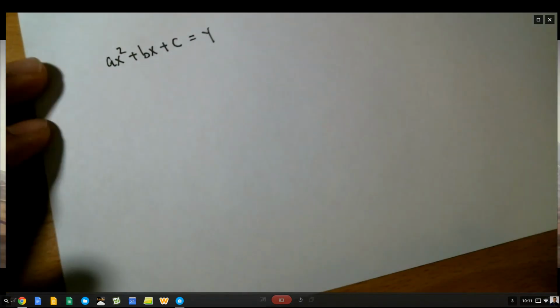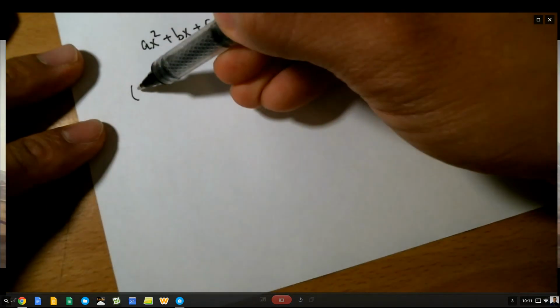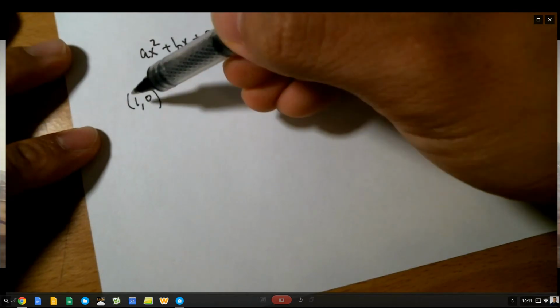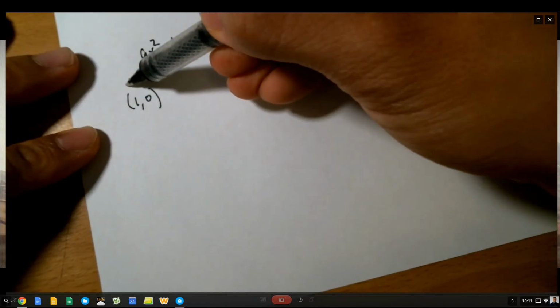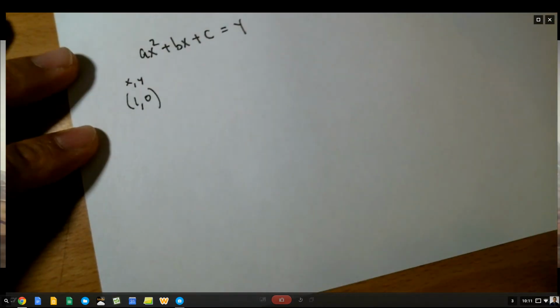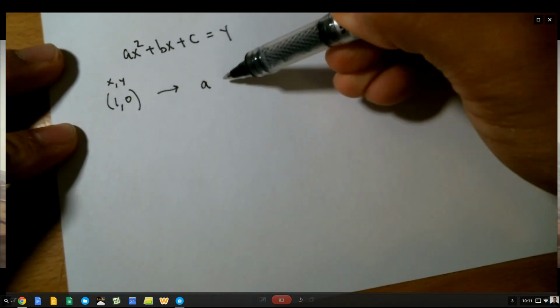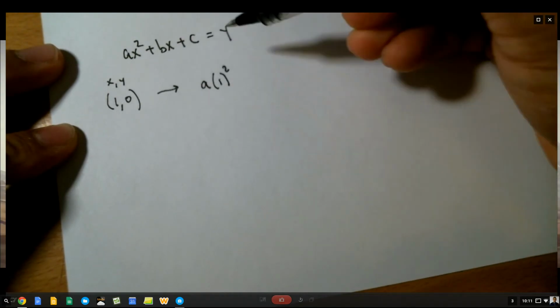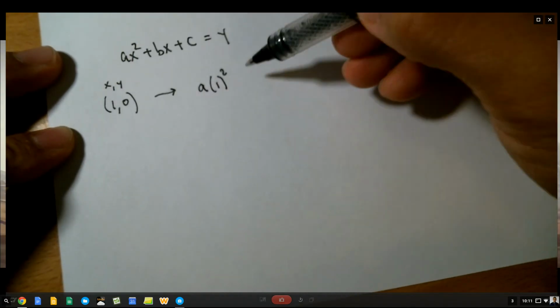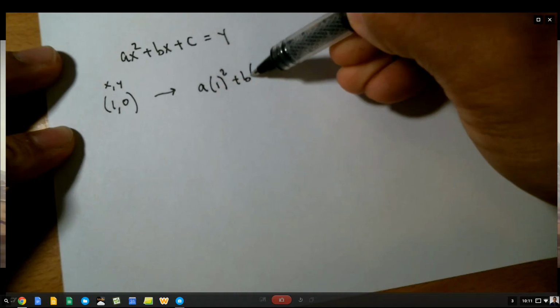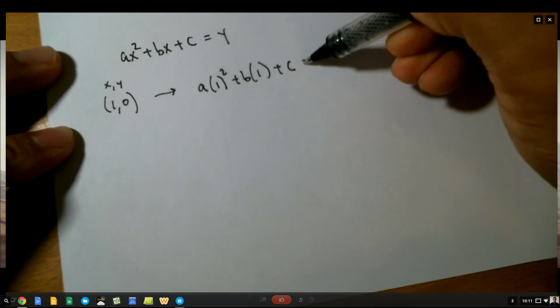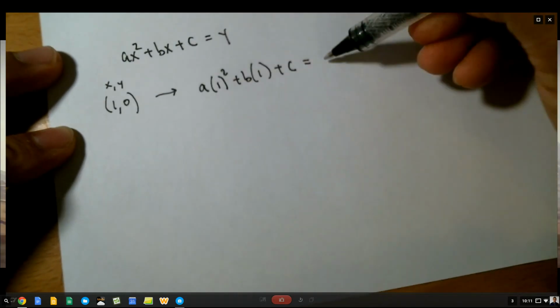The first point that we have is 1, 0. Remember, this is my x value and my y value. We don't know what a is. So a times 1 squared, because that is my x, plus b times 1 plus c, and my y value is 0.